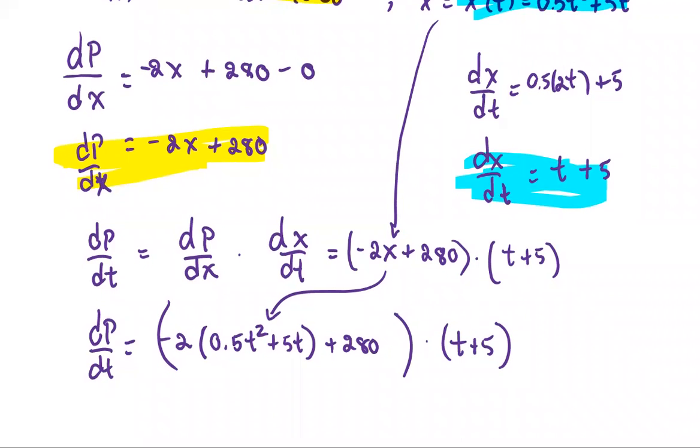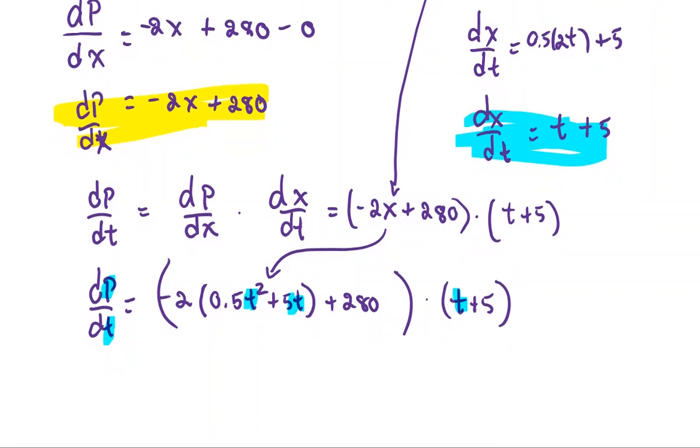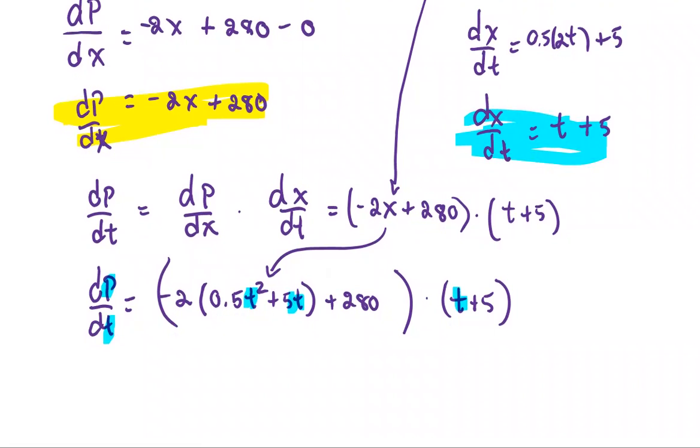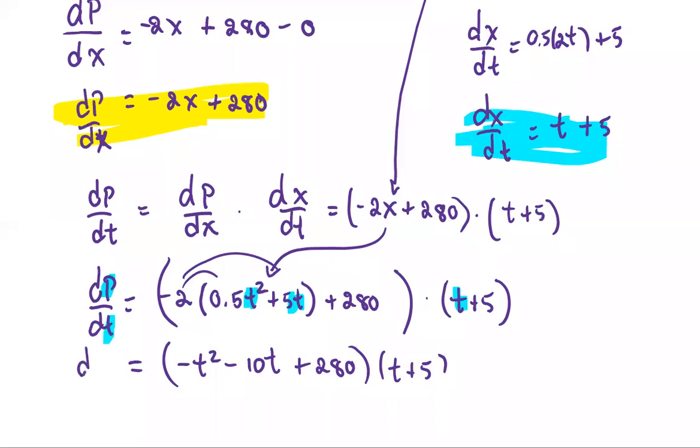As you see, everything is in terms of t. Now we can simplify a little more to make it more convenient to compute the value. Multiply -2 to both terms to get -t squared minus 10t plus 280, and then multiply by t plus 5. I would leave it as a product form like this.